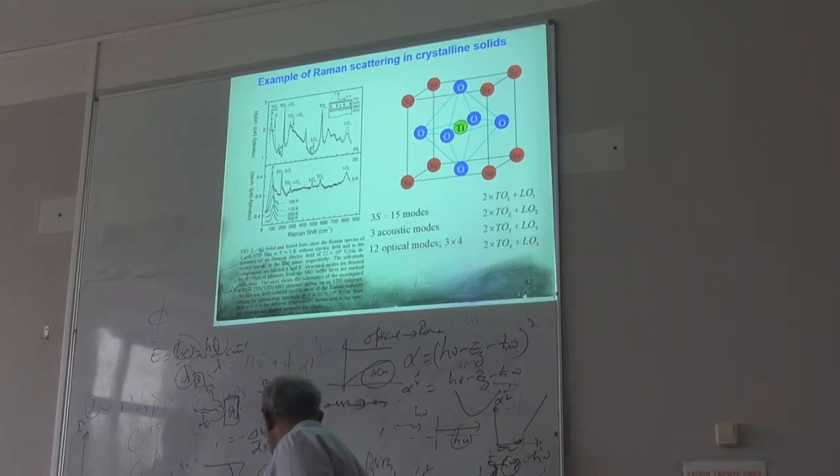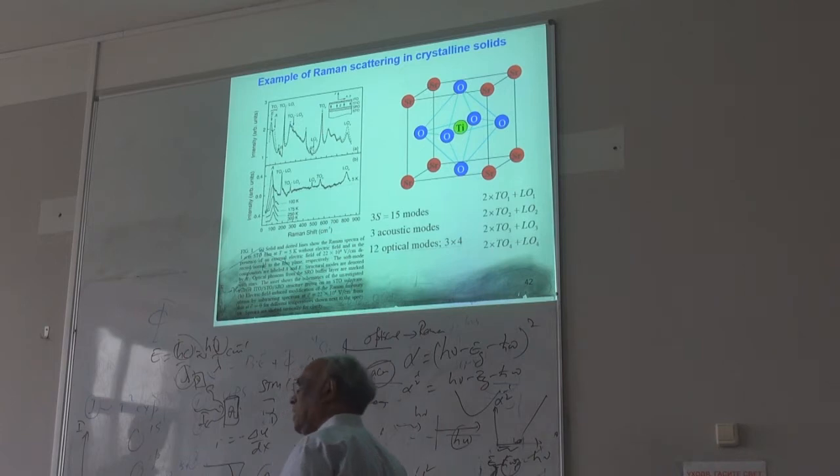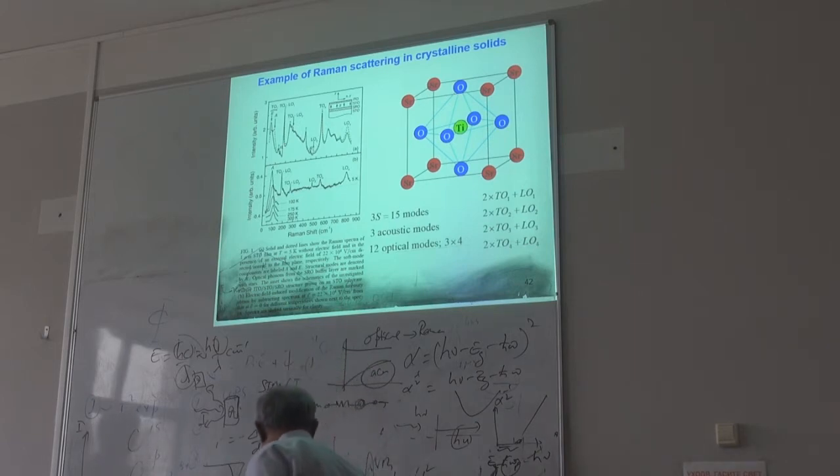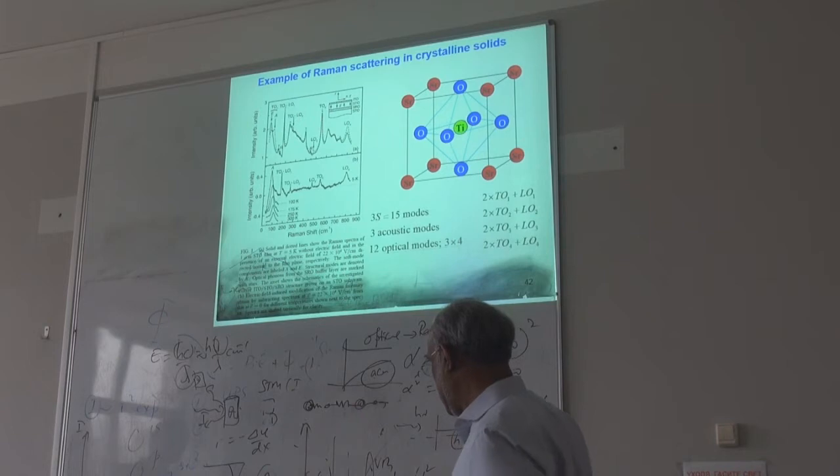Transverse means if you have two atoms, either they both go up from here or they both go down, like that, right? So longitudinal means if one goes up, the other one also goes in the same direction. So here actually I didn't get it right. So that's what this TO, LO, all these things mean.